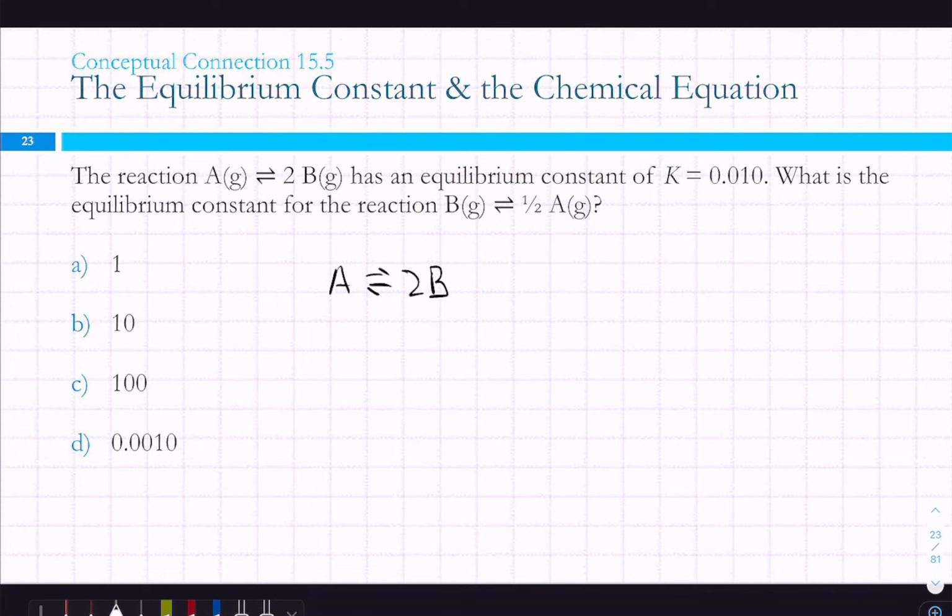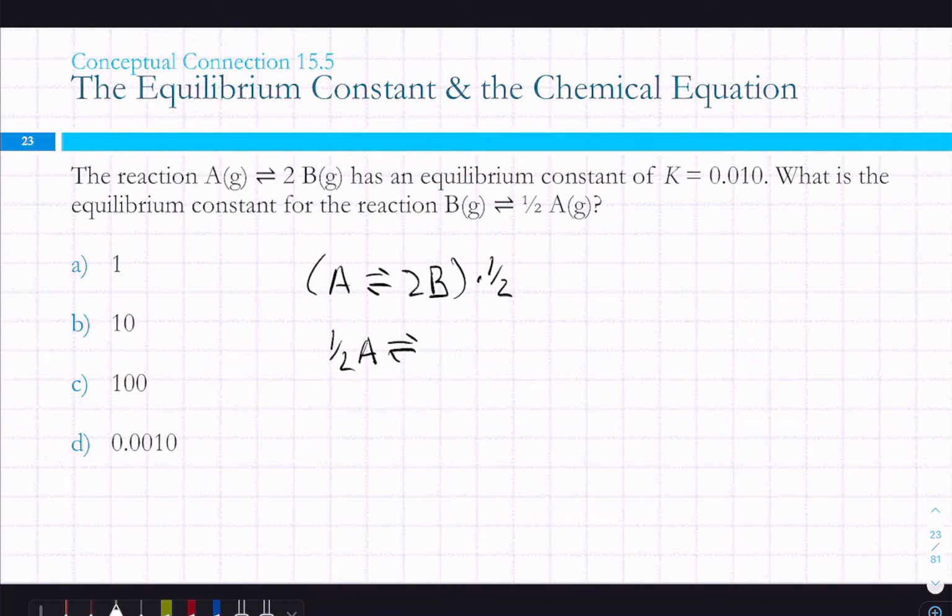There are two things we have to do. Divide by 2, or multiply by 1/2. So then that'll give us the 1/2 A reacting to form B. And then what else do we have to do? Reverse it. So we just flip it.